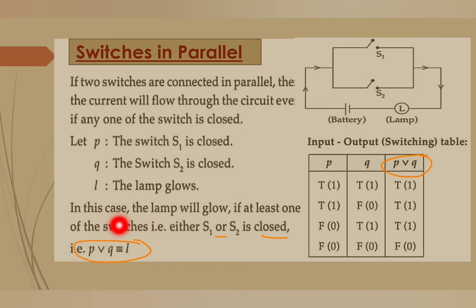That is, P or Q is equivalent to L. Means at least one is closed, then the lamp glows. Since we write P or Q, we have its truth values, and in brackets T means 1 and F means 0. This table is called the input output switching table.